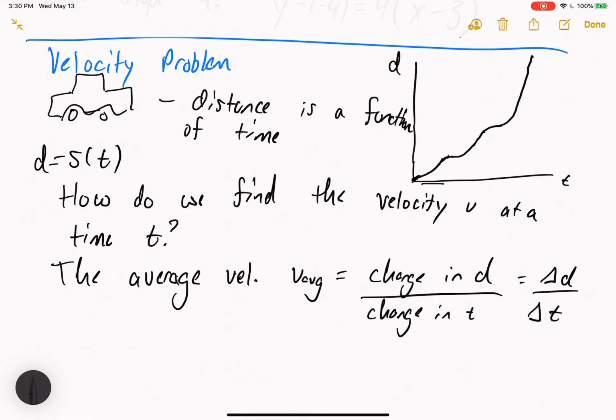But really what matters is, going back to our distance as a function of time, let's call this point A and this point B, and this right here will be a change in time.